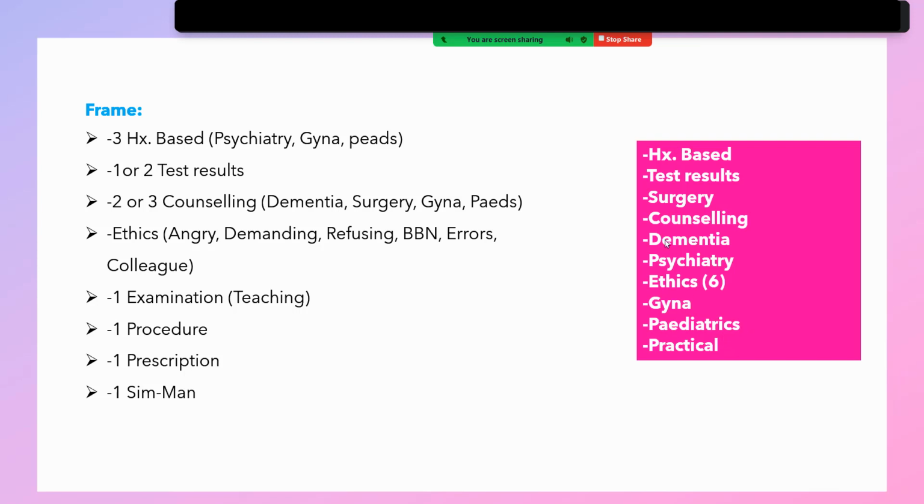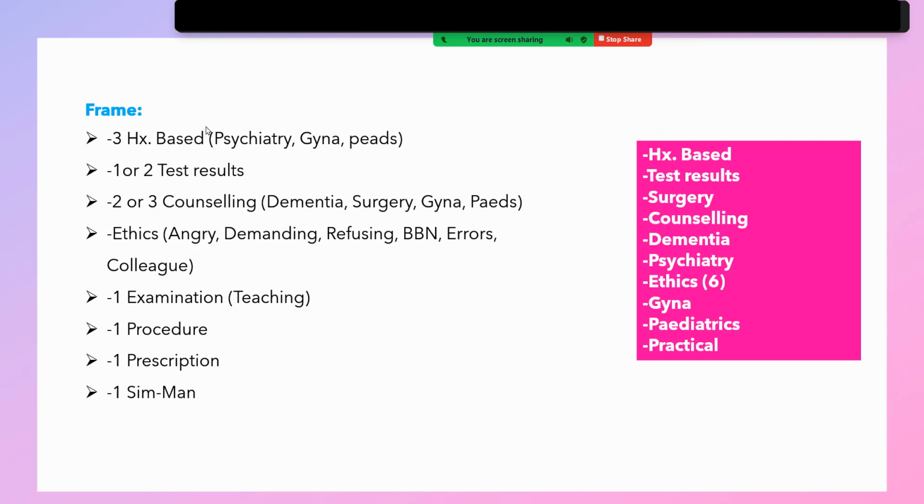In addition to these 14 approaches, we have the practical cases. What are the practical cases? The examination on mannequins or real patients. Also teaching, in which you are going to teach a student something. Procedure, like cannulation and catheterization. Prescription writing, and simman. These are the practical cases.